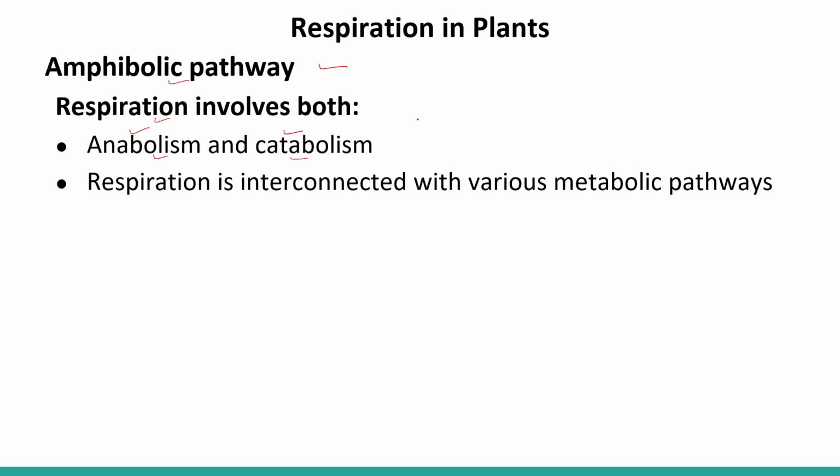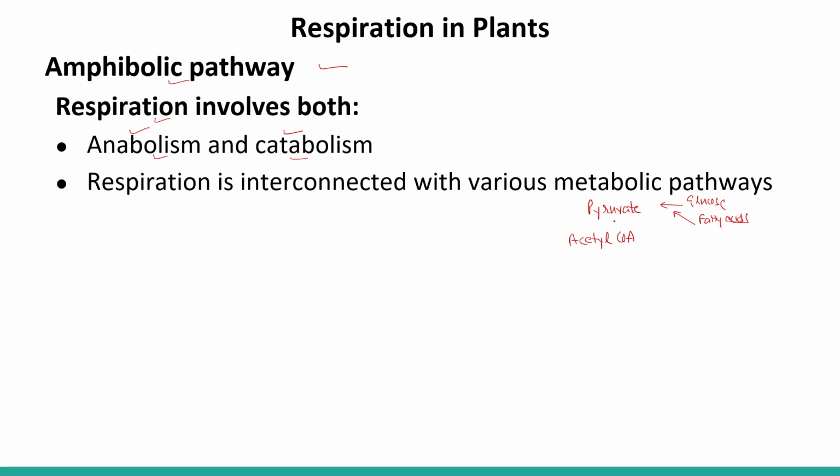So what happens? We know that during respiration acetyl coenzyme A is produced due to oxidative decarboxylation of pyruvate, and pyruvate is produced as the end product of glycolysis. This pyruvate can be produced from glucose or fatty acid.